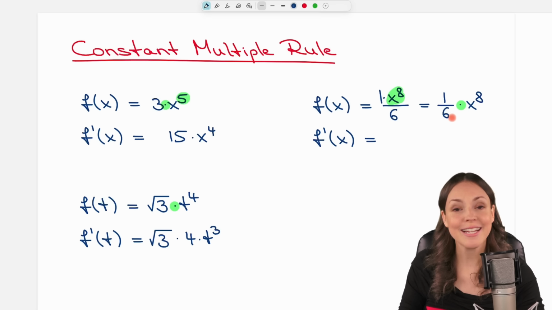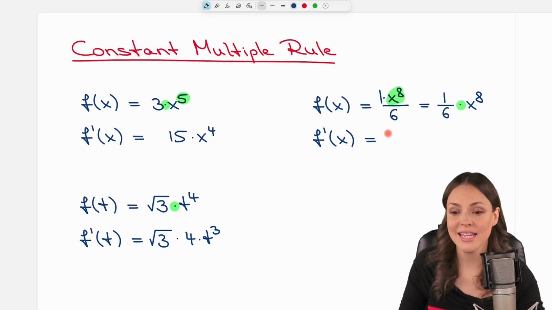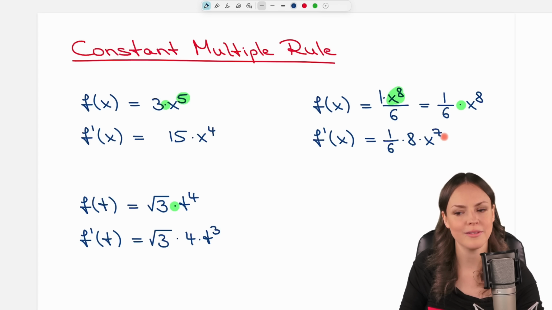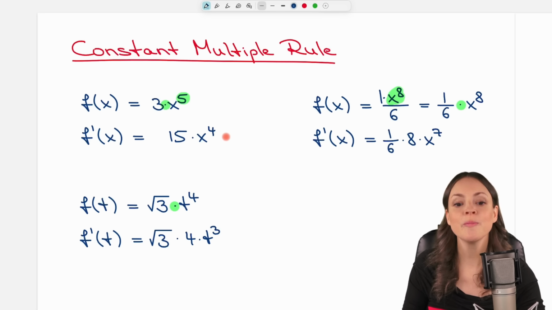So 1 over 6, we don't touch it. It just stays the same when we want to find our derivative. And then we have to differentiate this part, but now we really know how it works. We take the 8 and multiply it by x to the power of 7 then. Okay, this was the constant multiple rule.